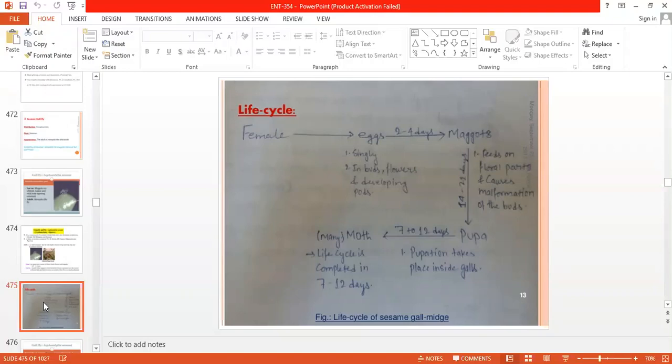Pupal period is near about 7 to 12 days, and the adult life cycle is completed within 7 to 12 days. So the site of oviposition is mainly the flower buds, flowers, and developing capsules, and the pupal stage is found inside the galls made by the maggot.